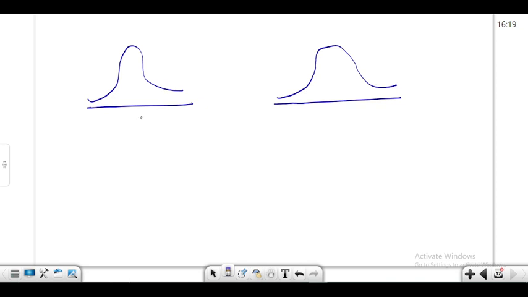This is an estimate or a representation of beta 2 hat values, and this is also a representation of beta 2 hat values. In this case, the variance of the beta 2 hat values is lower compared to the variance here. This variance, say variance 1, is less than variance 2.